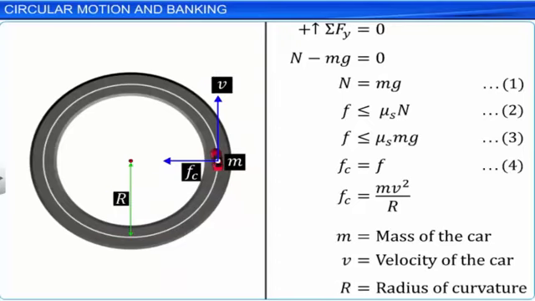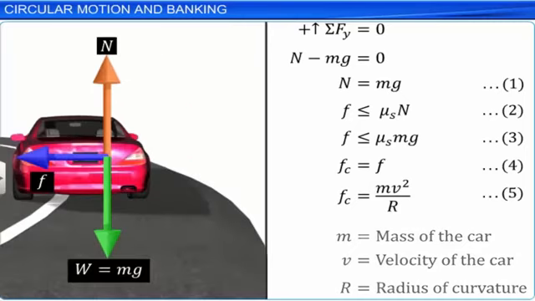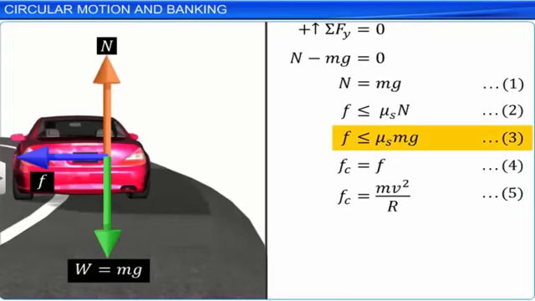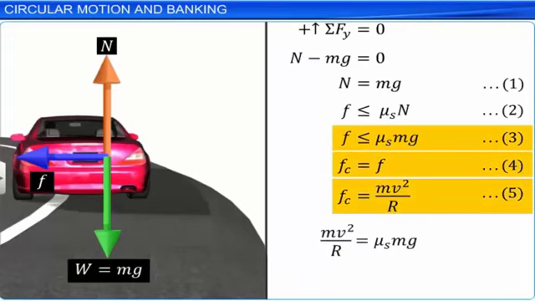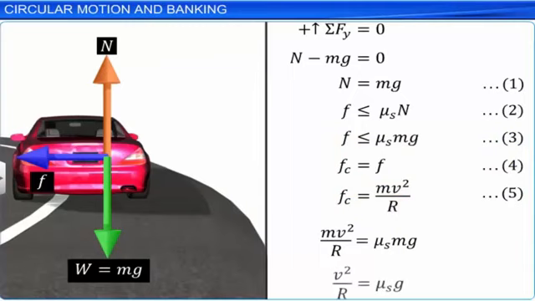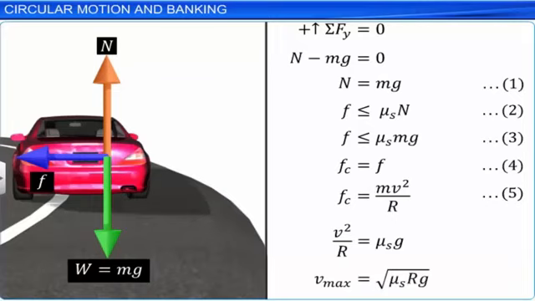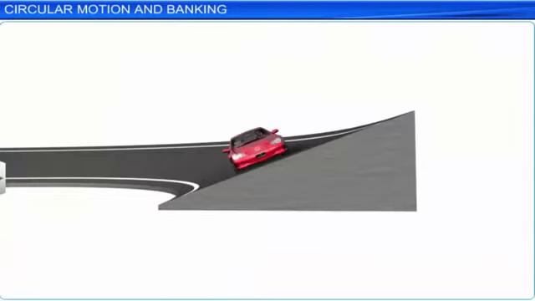Let us call this equation 5. Substituting equations 3 and 5 in equation 4 and simplifying, we get maximum velocity, Vmax, as the square root of mu s r g. That was about a car moving on a level, curved road.